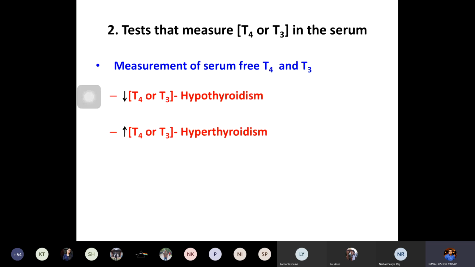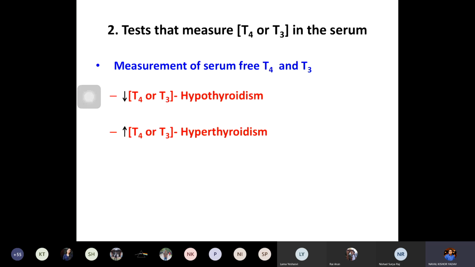The second test you can perform is to measure T3 or T4 in the serum. Basically, in the last class we discussed why to measure free T3 and T4. Rather than total T3 and T4, it's better to measure free T3 or free T4, because the binding proteins like thyroxine binding globulins determine the level of total T3 and total T4.